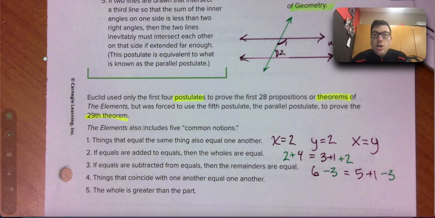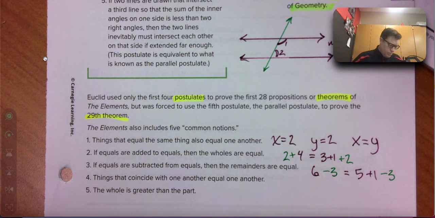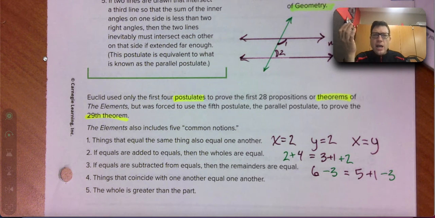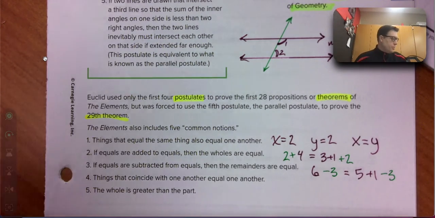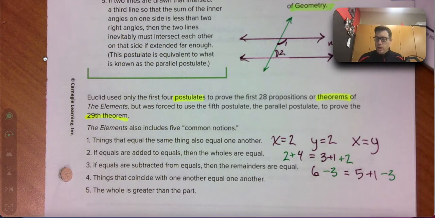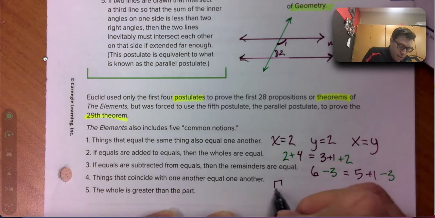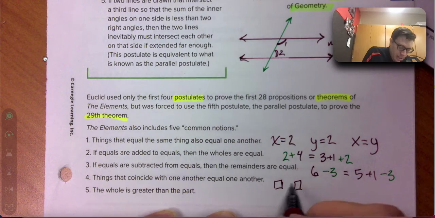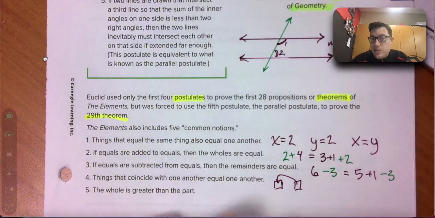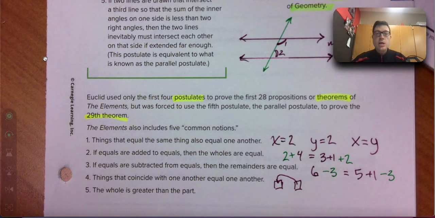That's a common notion. Things that coincide with one another are equal. What does it mean to coincide? It means things line up, things stack. When we've been doing stuff with tracing paper, if I have a shape and another shape and I can make that shape land on this one, like trace it and move it through translations, that makes them coincide, well then they must be the same.